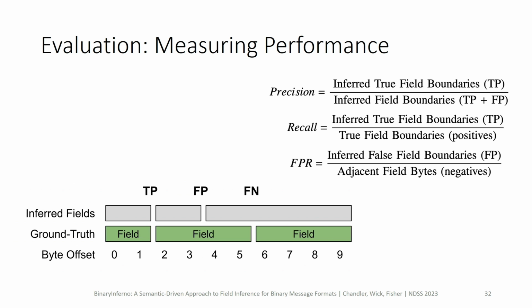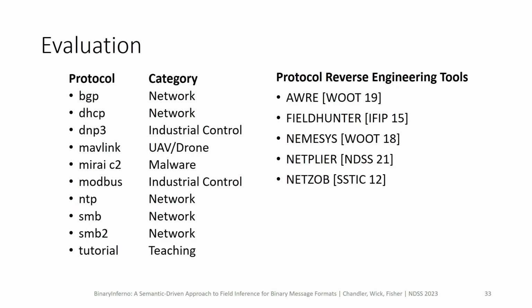This means we want to have a crisp understanding of where each byte in every message belongs in terms of fields. We chose to evaluate our tool and some other tools on 10 samples from 10 different real-world protocols: a bunch of network protocols, a couple of industrial control protocols, a drone protocol, MAVLink, some samples of malware command and control traffic, and most notably, one protocol we found that was a tutorial protocol used to teach humans how to reverse engineer protocols.